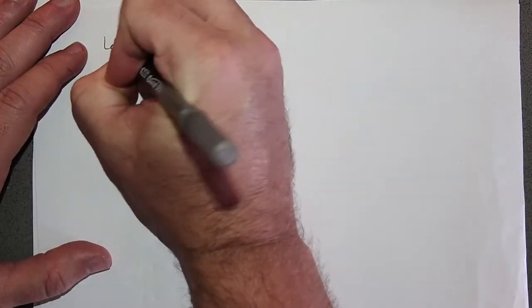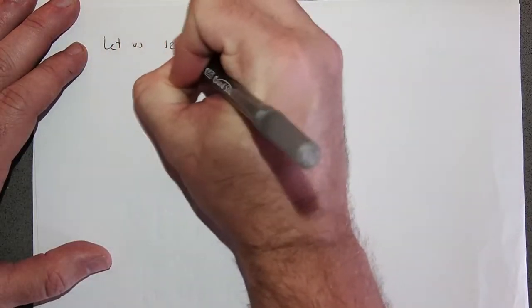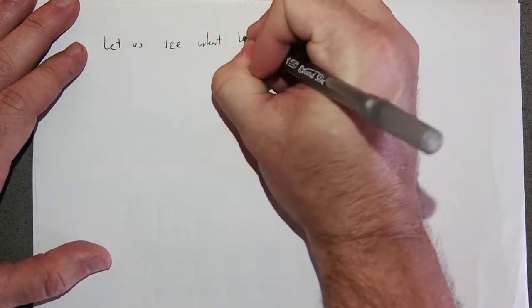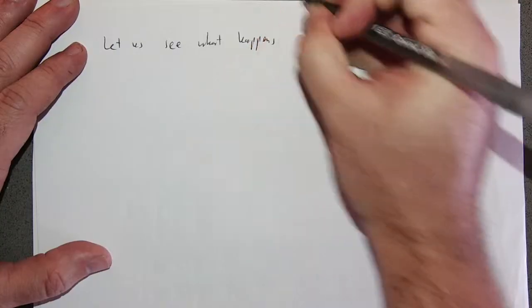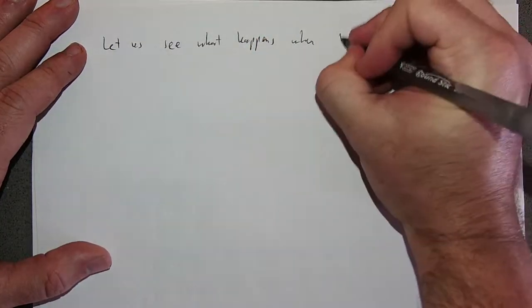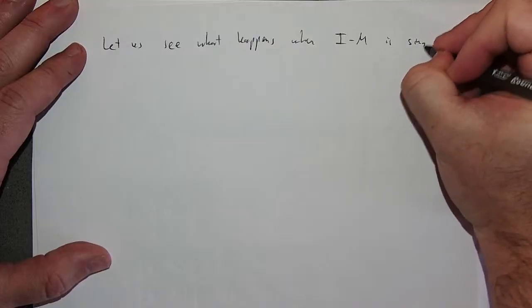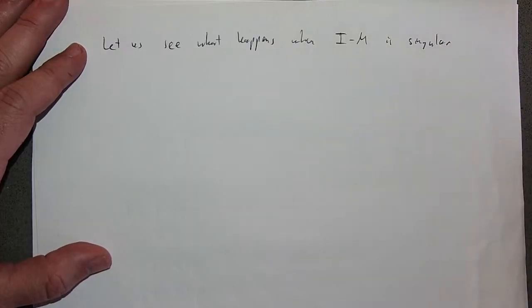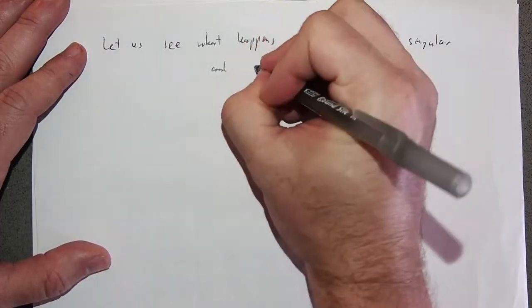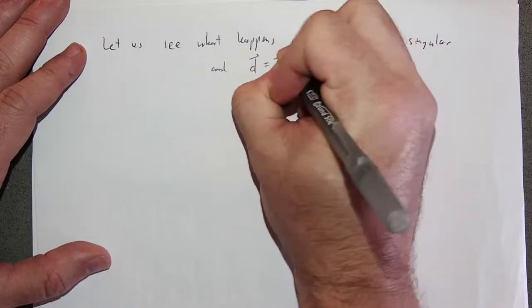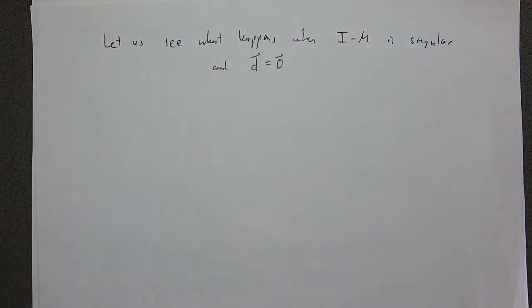So first, let's see what happens when I minus M is singular, that is, not invertible, and we're in a closed economy so that the external demand is a zero vector.